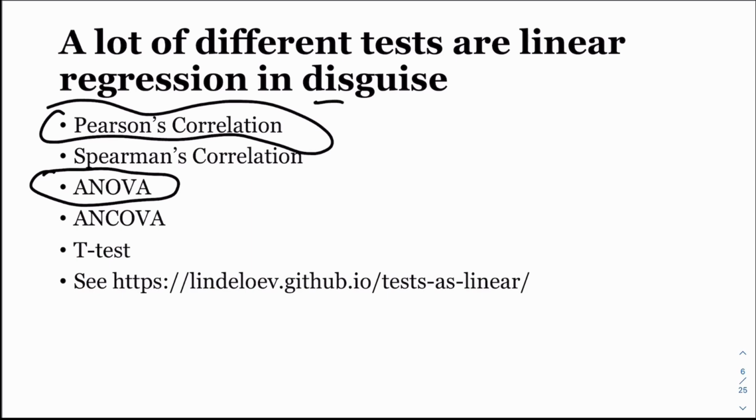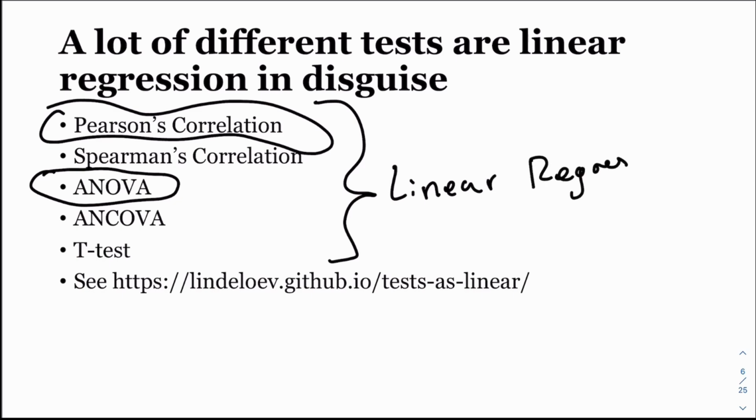However, all these different kinds of tests are just different versions of linear regression in practice. And there's a very nice blog post, which is linked at the bottom, which shows how you can implement these different statistical tests using linear regression. Therefore, if you gain a strong foundational understanding of linear regression, you'll be able to understand for free a whole bunch of other statistical tests.